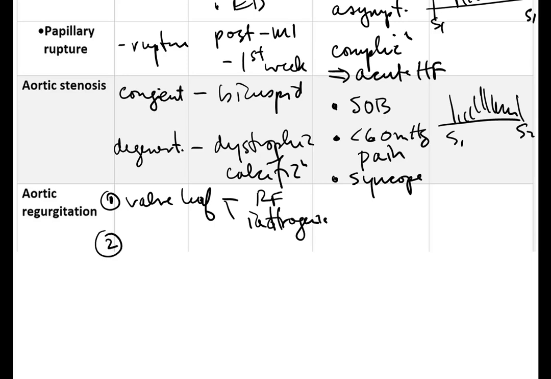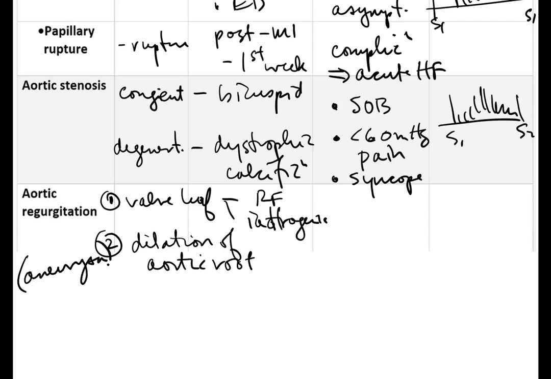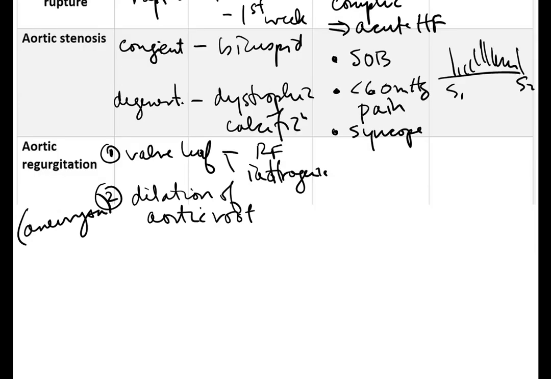And that's going to be really different than our commonest, which is dilation of the aortic root. Well, you can make that the same differential diagnosis as aortic aneurysms. So you don't have to learn two different lists on that.